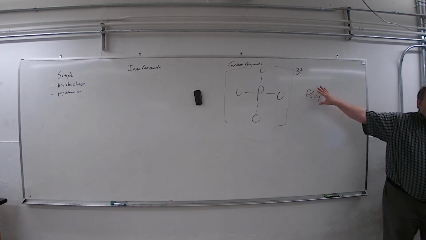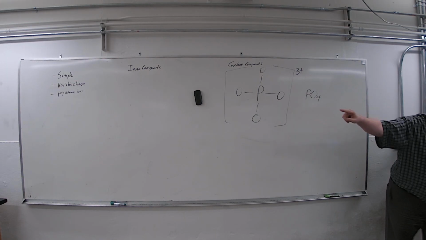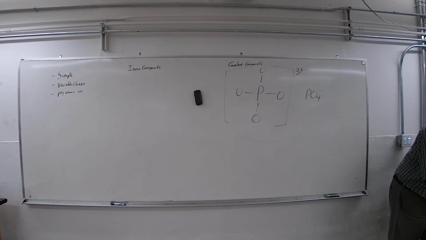So now I'm going to transition with charges back over to ionic compounds with the polyatomics. This is in your book, this page.